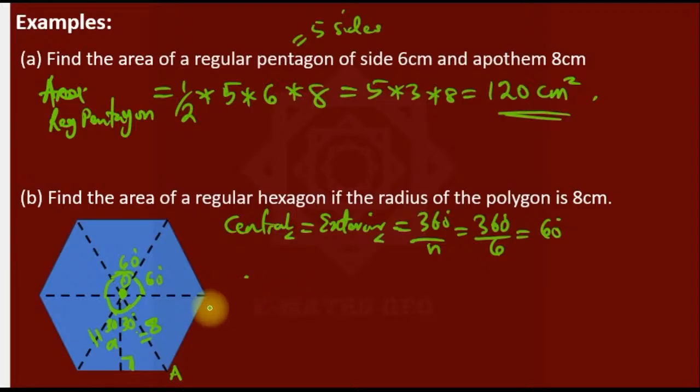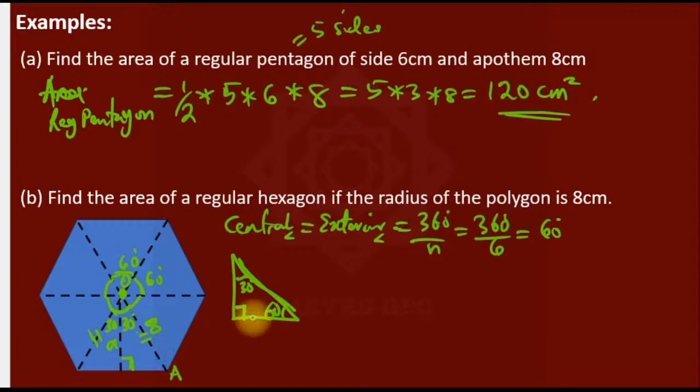Before I solve it, there is an elementary theorem that will help us solve this question. It's called the 30, 60, 90 triangle theorem, to help us get the apothem fast. Looking at it, the answer is 4 root 3. You'll be wondering how.